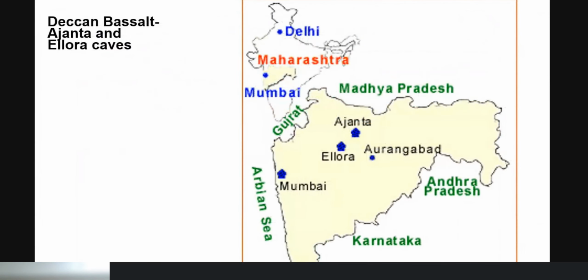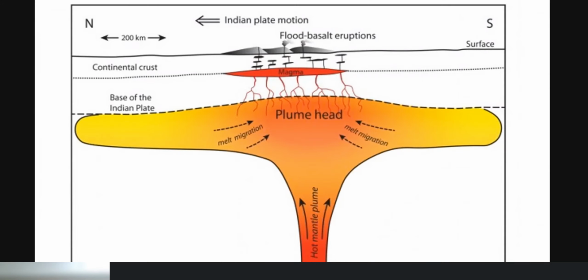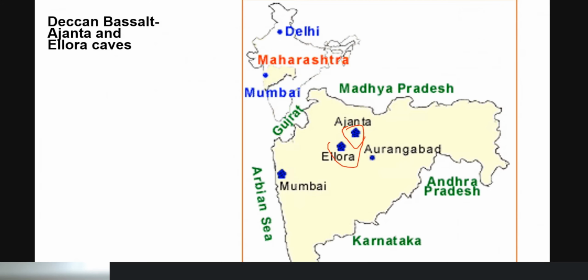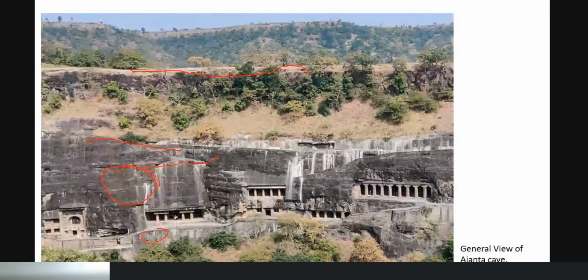As we know, Ajanta Ellora caves are in Maharashtra, near Aurangabad in India. These particular rocks are around 65 million years old.